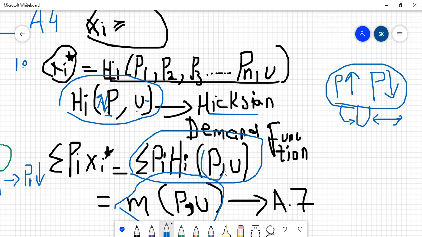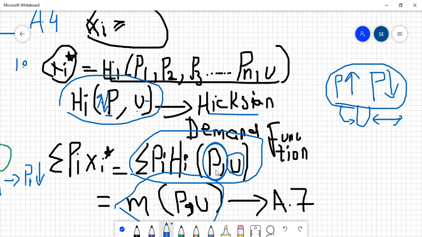Because when the price of one good increases or decreases while the price of the other good remains the same, and most importantly the utility of the consumer remains the same, the consumer has to compensate for that price change in such a way that the utility of the consumer remains the same.